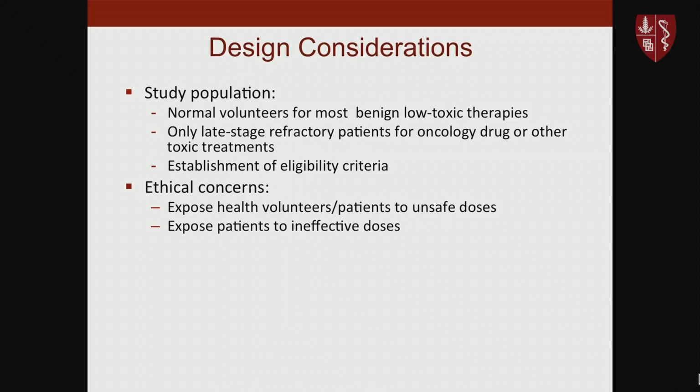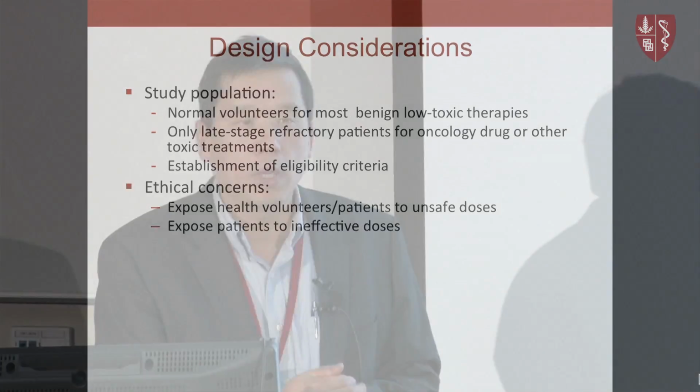There are two ethical concerns here. One, for the non-toxic drug, there's a risk of inducing unsafe adverse events, so you want to limit exposure of healthy normal volunteers to harm. And even for patients, you don't want to overdose them to an unsafe dose.